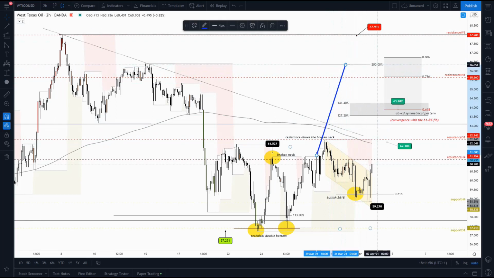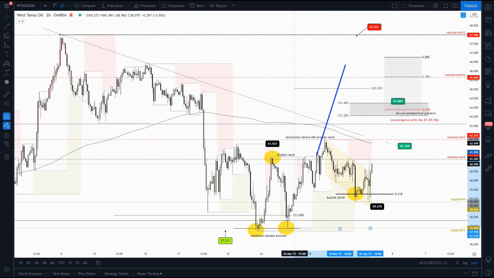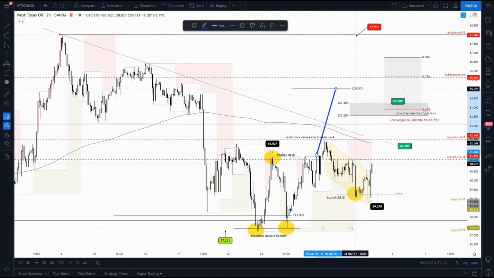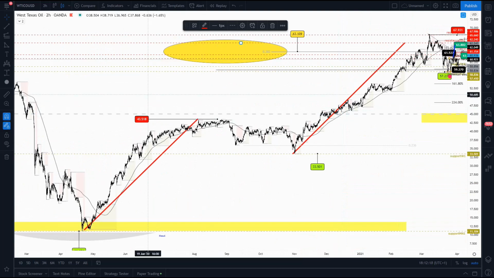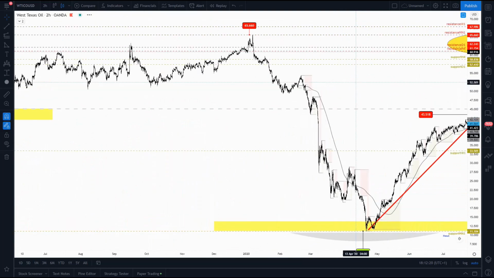So this is a 200% Fibonacci extension level. Actually, let me correct this. I need to adjust this to the close prices of the structure. So basically we have our projection at the 200% Fibonacci extension level, a few points below the monthly fractal resistance, and that monthly fractal resistance came from January 2020.